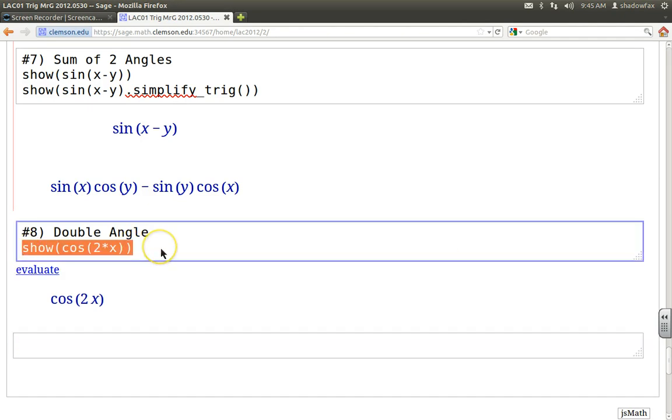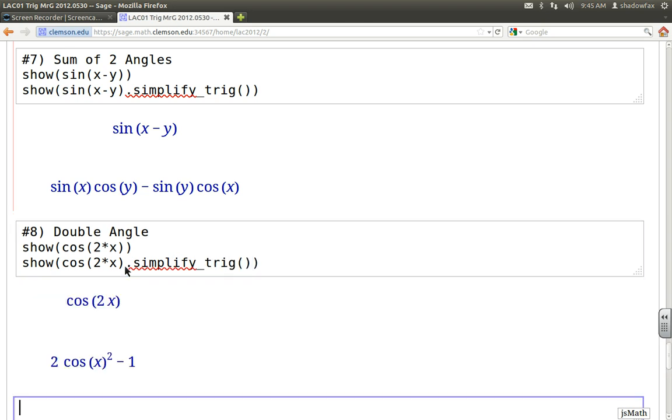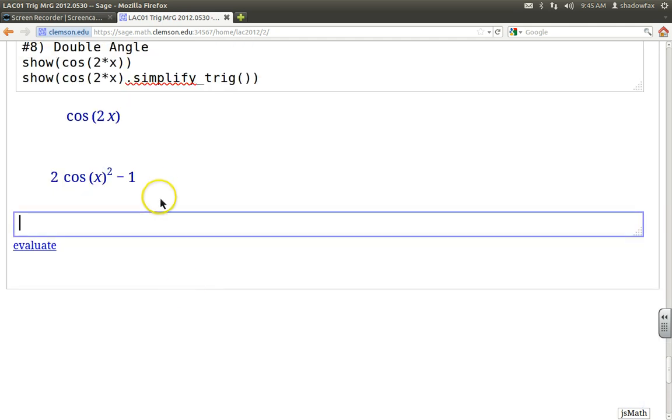Then how about if I show it simplified? Simplify trig. Which is cosine squared minus sine squared, but it replaced sine squared with 1 minus cosine squared. So it's in there. Okay.